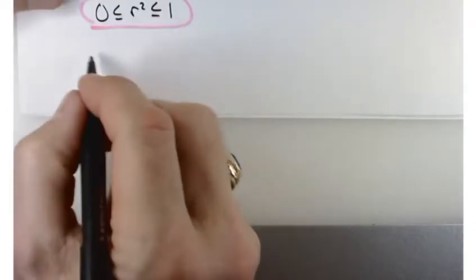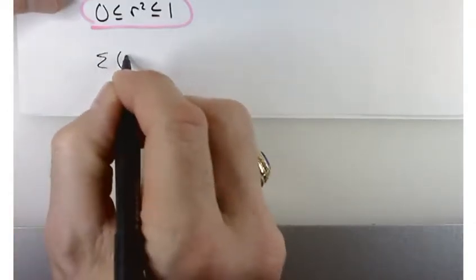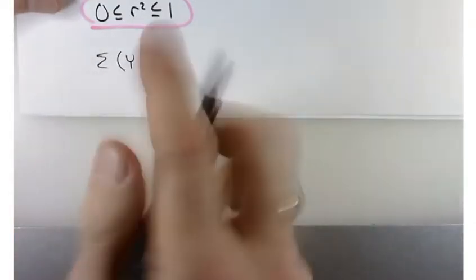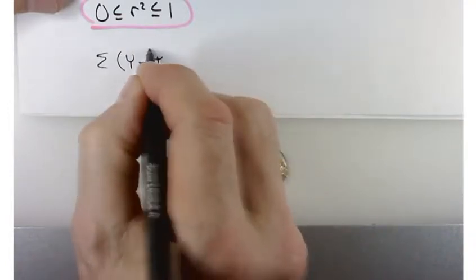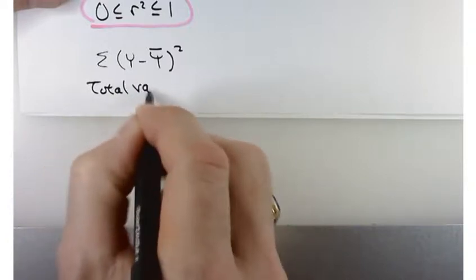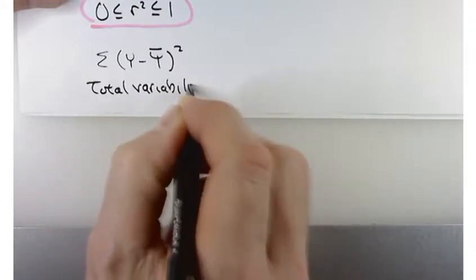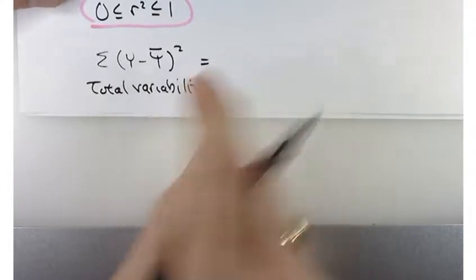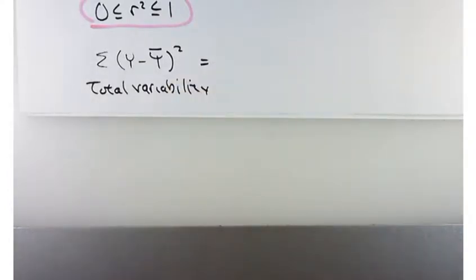Your total variability would be the sum of your y, your observed values, minus the mean y bar. That's your total variability. So that total is 462.